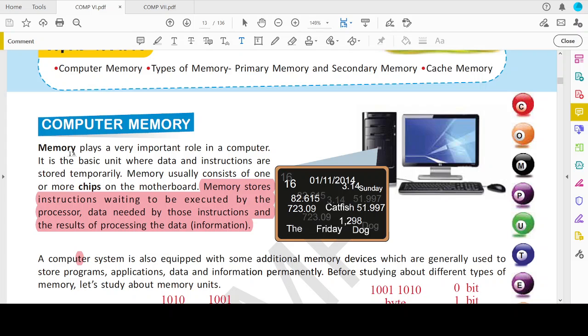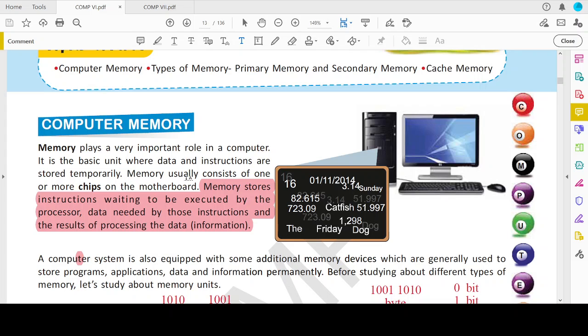Now, when you say the term memory, it refers to the primary memory and not the secondary memory. So that's why it's temporary in nature. It is the basic unit where data and instructions are stored temporarily.